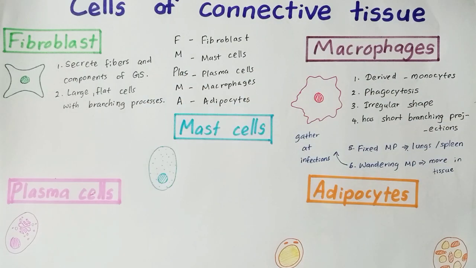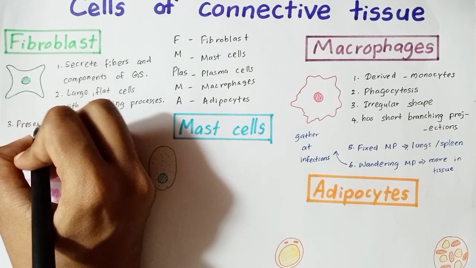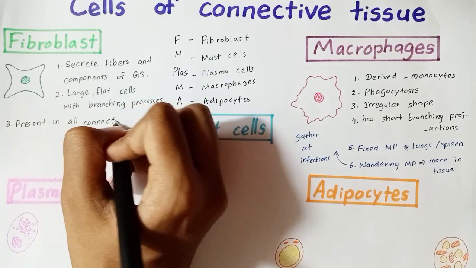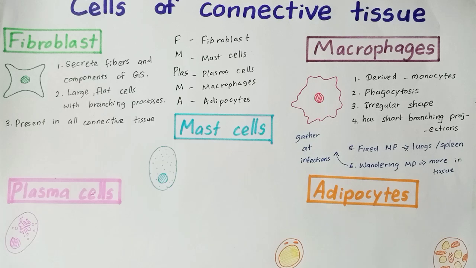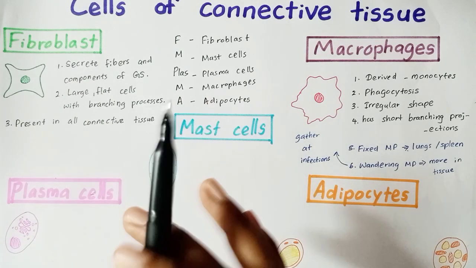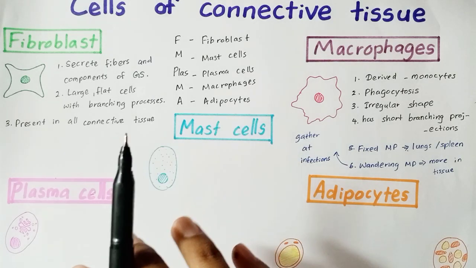And the other special thing about this fibroblast is these cells are present in all connective tissue. And also these fibroblasts are responsible for scar tissue formation and repair after injury.